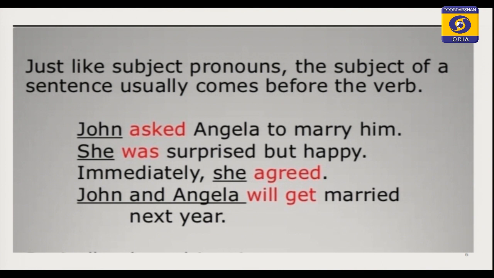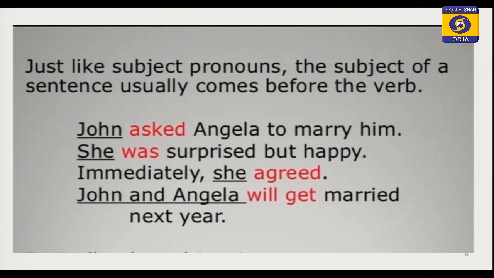Now notice the first sentence. John asked Angela to marry him. Here the verb is in red color. The verb is asked. Now come to the second sentence. She was surprised but happy. So what is the verb here? Was. Isn't it? Immediately she agreed.